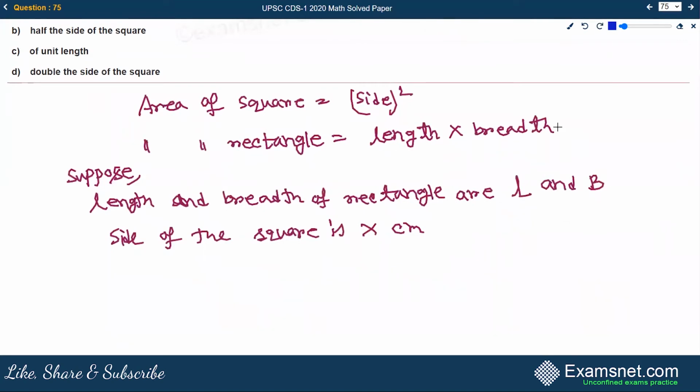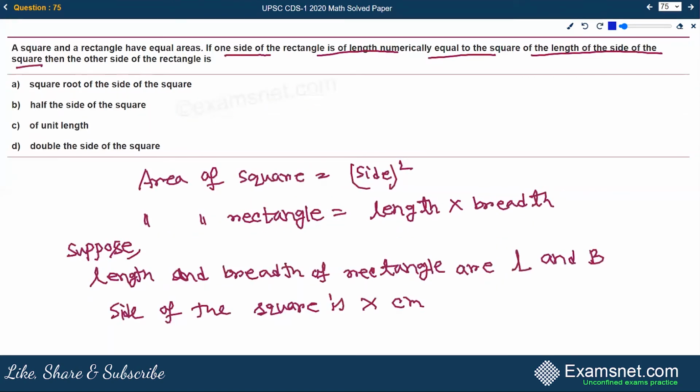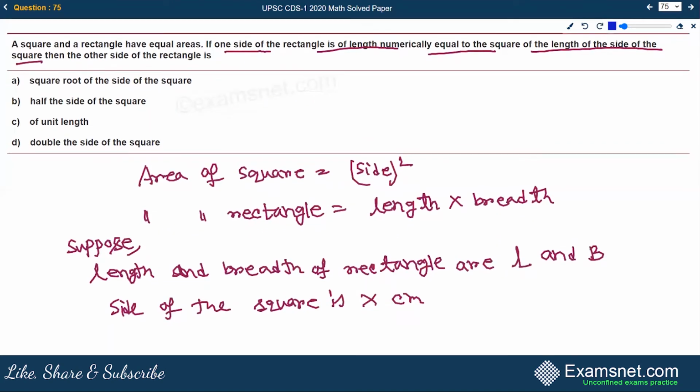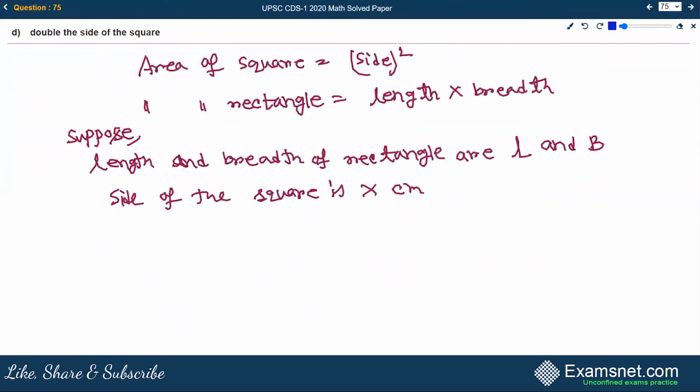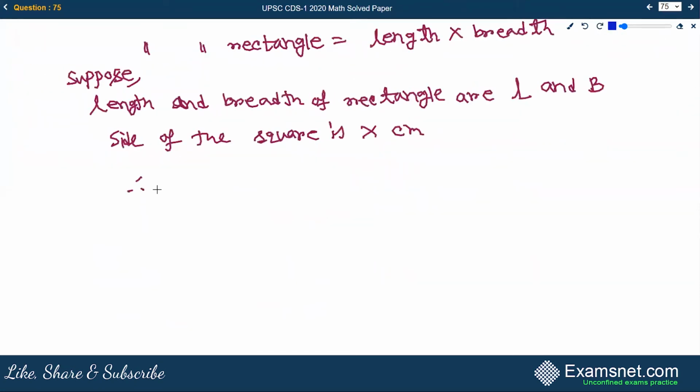Since it is given that one side of the rectangle is numerically equal to the square of the length of the side, so we can say according to the problem L equals X square.